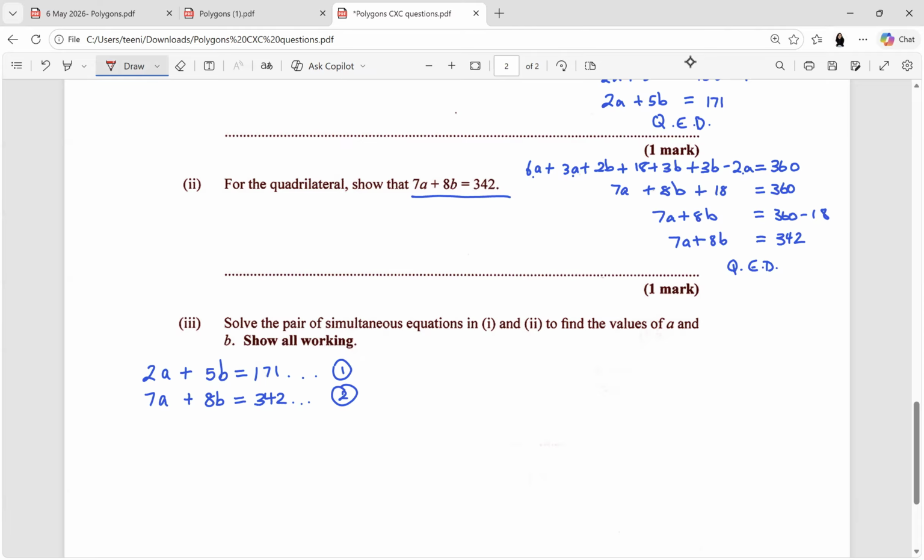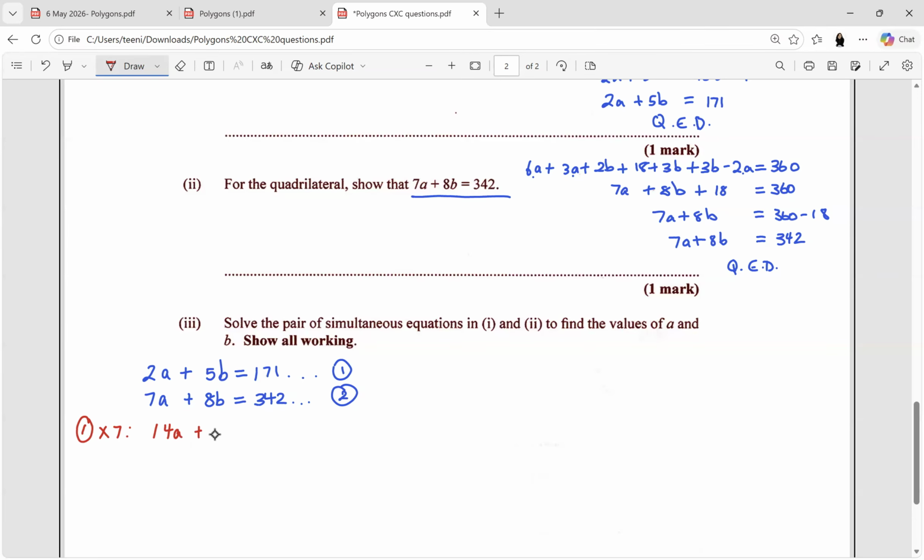And now, well, I'll say 2 into 14 is 7. So I'll multiply equation 1 times 7, which will be 2 times 7 is 14a. 5 times 7 is 35, so that'll be 35b. And then 171 times 7 is 1197. So this is my new equation. I'm going to call it 3, right?